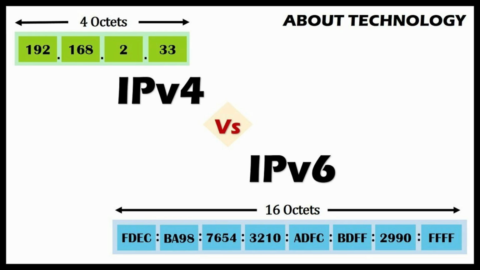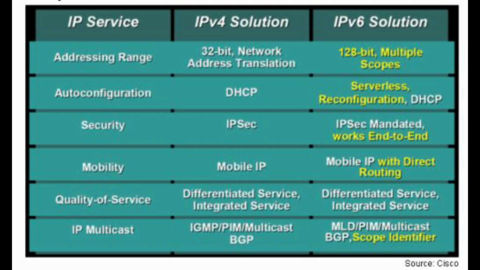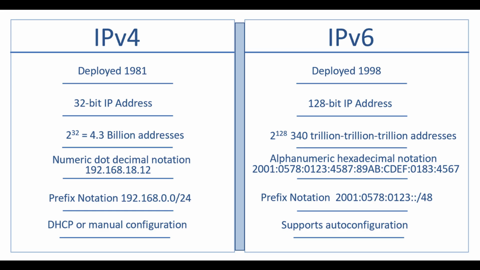IPv6 is the newest version of the Internet Protocol, designed to replace IPv4, primarily due to its significantly larger address space, which addresses the address exhaustion problem of IPv4. IPv4 uses a 32-bit address, providing approximately 4.3 billion unique IP addresses, and IPv6 uses a 128-bit address, offering a vast address space of approximately 3 times 10 to the power of 38 unique IP addresses.